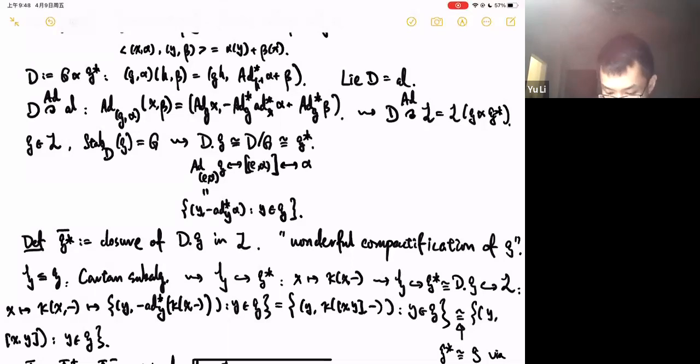And as I remarked above, the angle bracket on the Drinfeld double is invariant under the adjoint action. So the adjoint action sends a Lagrangian subalgebra of fraktur d to a Lagrangian subalgebra of fraktur d. Therefore we get an induced action of the group D on the variety L. And this action, by abuse of notation, is also denoted by Ad.